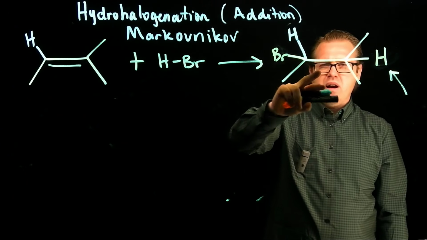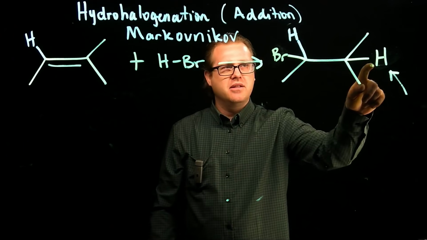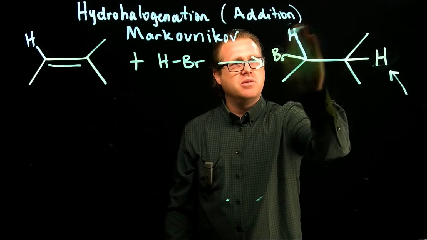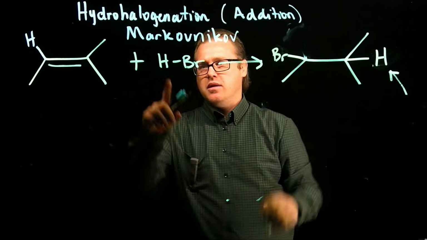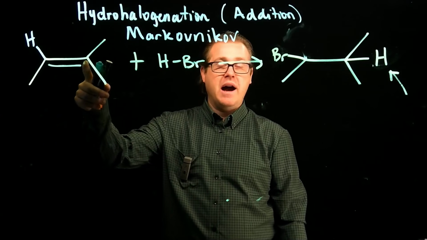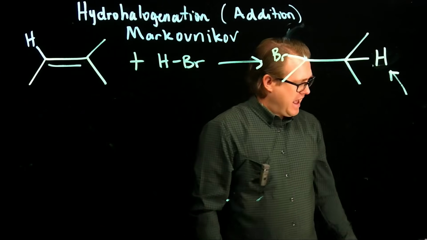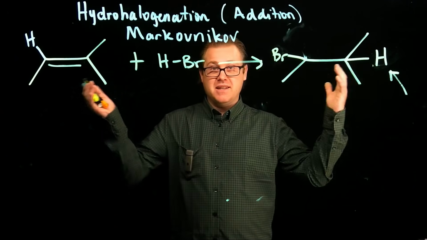And so when we get a product like this, where the green hydrogen goes to the carbon, let's get rid of this one so we're not confusing ourselves here, this hydrogen went to the carbon that had less or no hydrogens. And so now there's like polar opposites here.